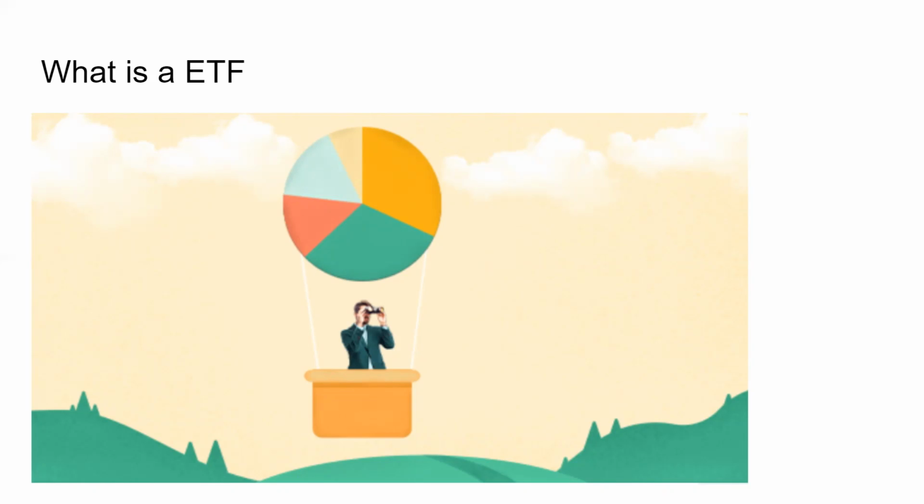These are famous ETFs of the US, and in India we have Nifty Bees and many other ETFs. They generally follow an index, but nowadays actively managed ETFs have also come.